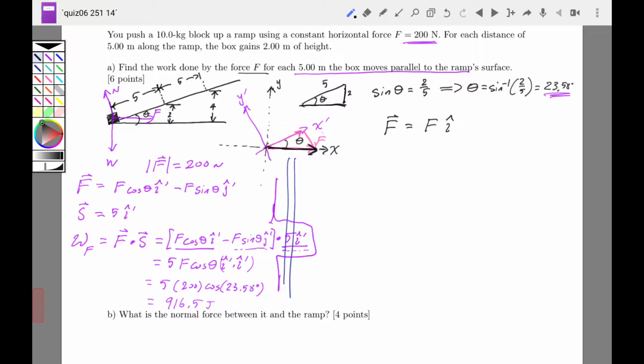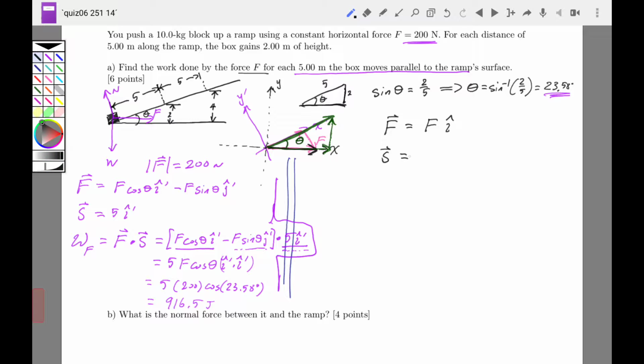However, the displacement vector would be pointing in this direction, parallel to x prime. So we have to project that in the y direction and the x direction. We still have theta here.